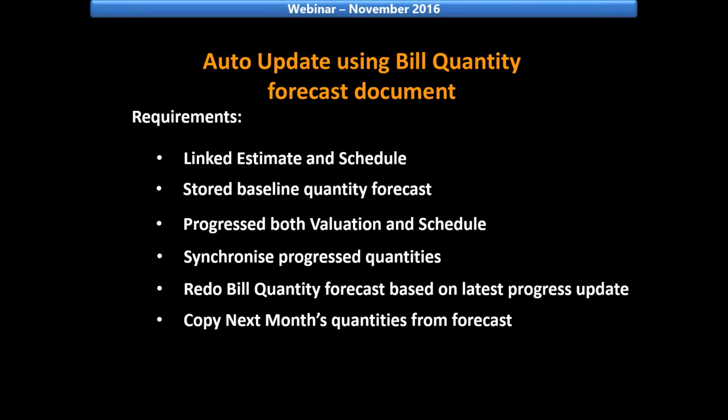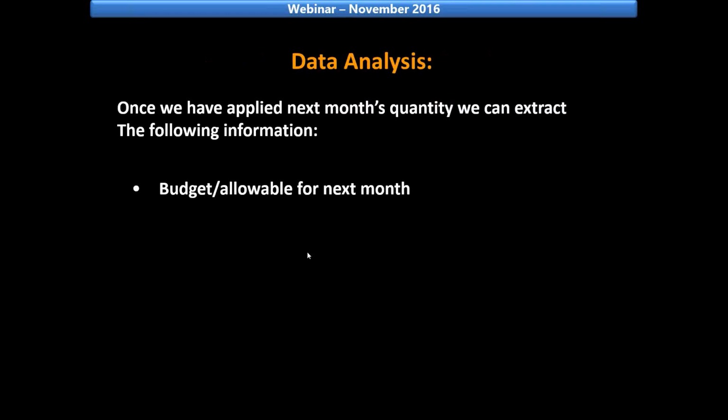Once we've determined the forecasting quantities, we can now start extracting and analyzing the data needed to achieve these planned quantities. So some of the information we can get from using our next month quantity is the budget or allowable for the following month.